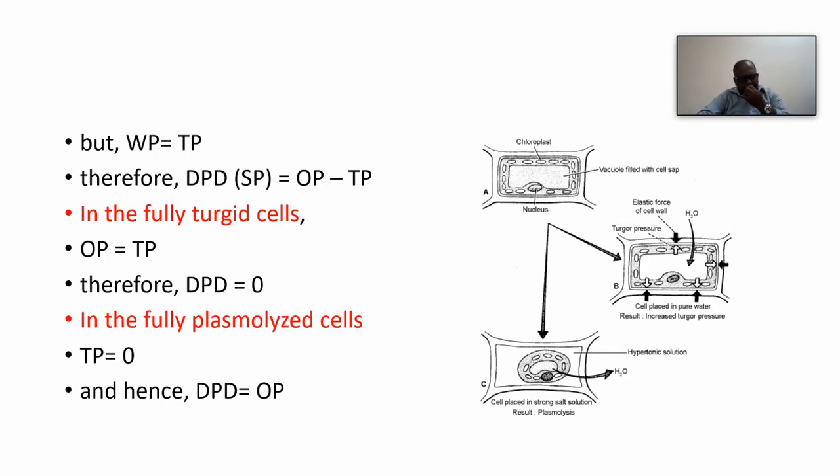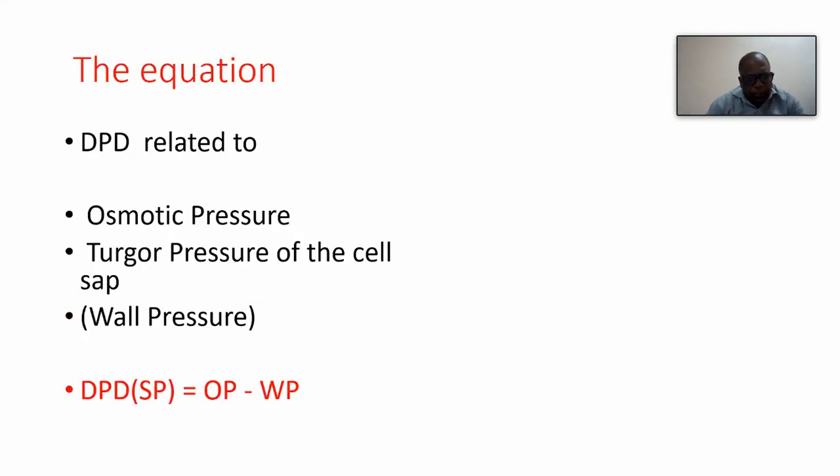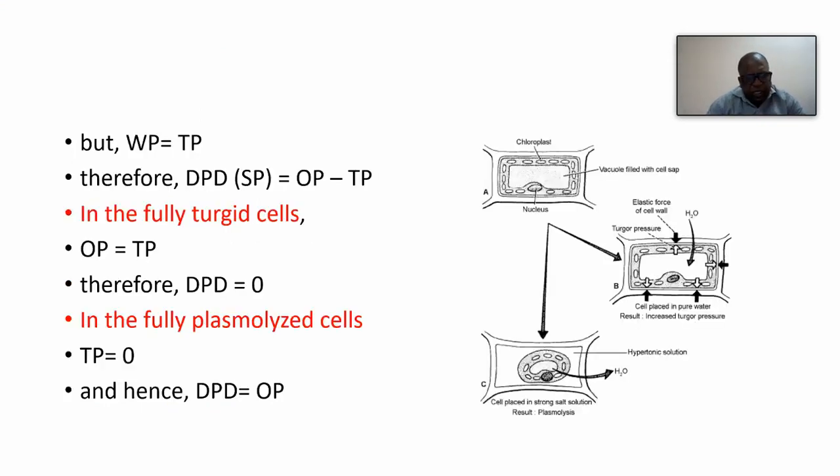Are you seeing the slide? Can you understand? See, wall pressure always equals turgor pressure. Okay? But the suction pressure becomes OP minus TP. Earlier formula, what was that? OP minus WP. That means wall pressure and turgor pressure are equal.